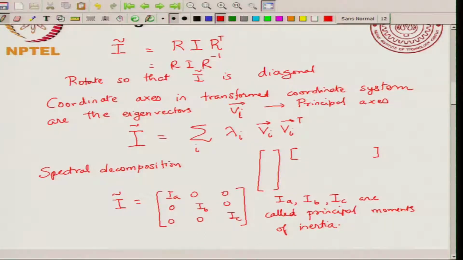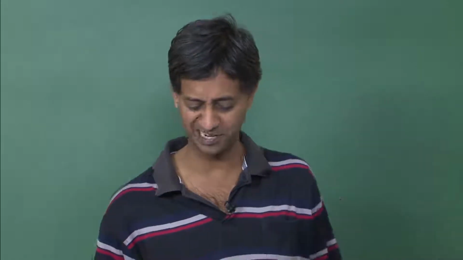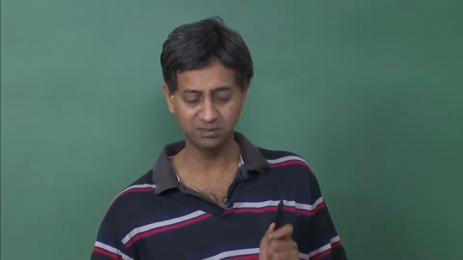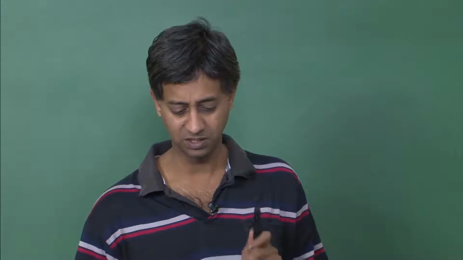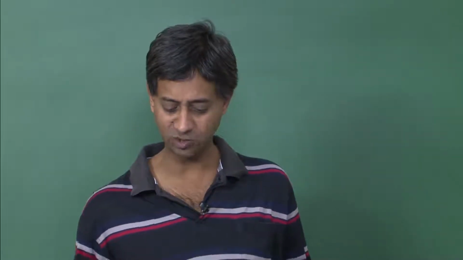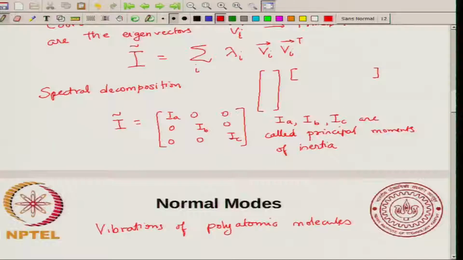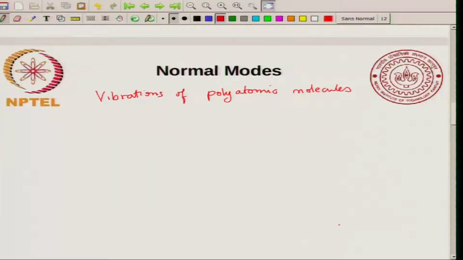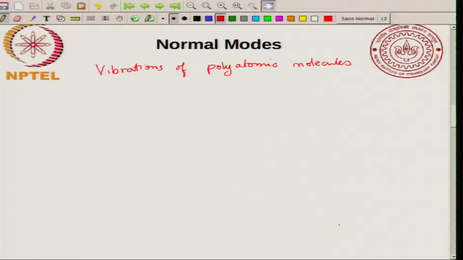So when you convert it into a diagonal matrix, these axes, the A, B, C directions, are called principal axis. Now what we are doing is a very similar thing, but for vibrations. So for rotations you have these principal axis and principal moments of inertia. For vibrations of polyatomic molecules, what you have is what are called normal modes.